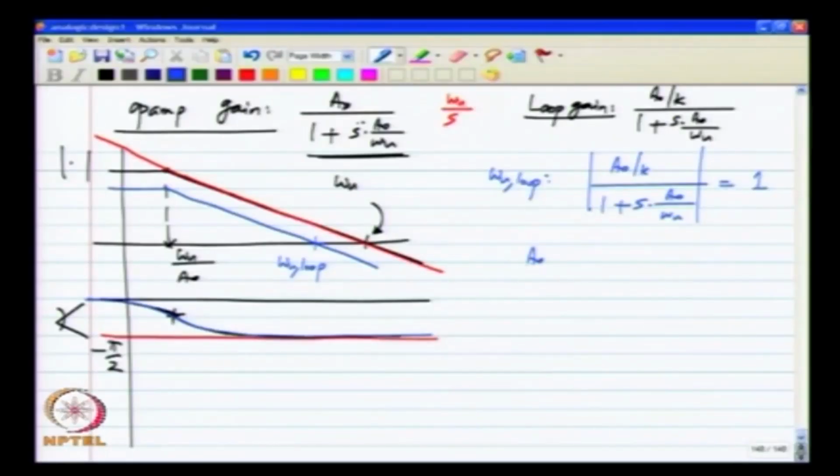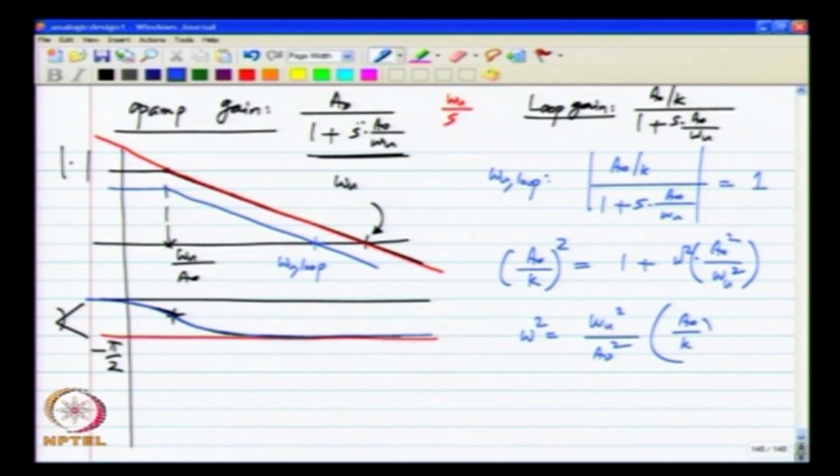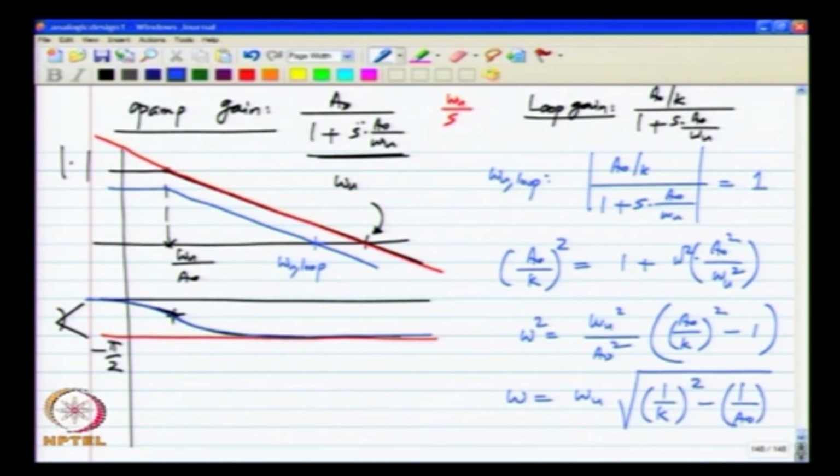We will get (a naught by k) square to be 1 plus omega square a naught square by omega u square. So, if I simplify this, I will get omega square to be omega u square by a naught square times ((a naught by k) whole square minus 1), or I will take a naught inside, omega to be omega u times square root of 1 by k square minus 1 by a naught square.